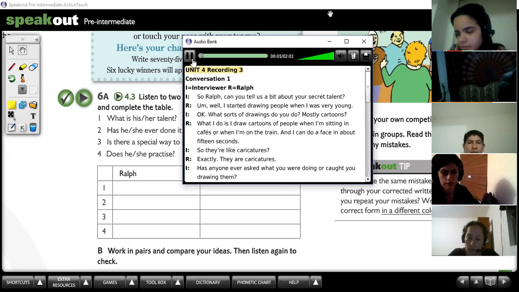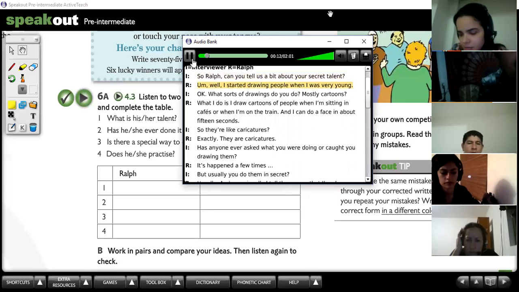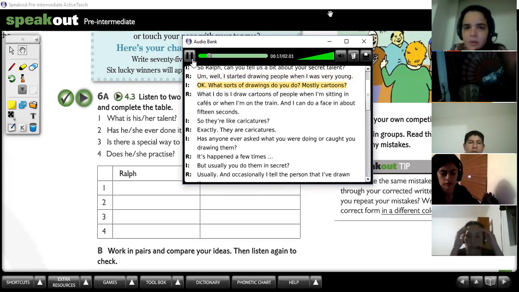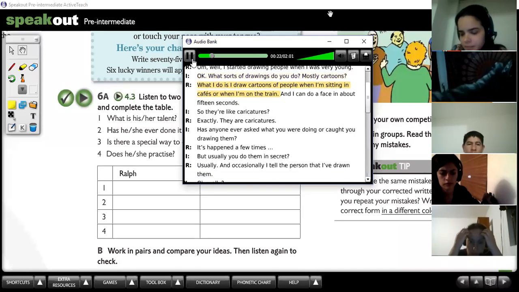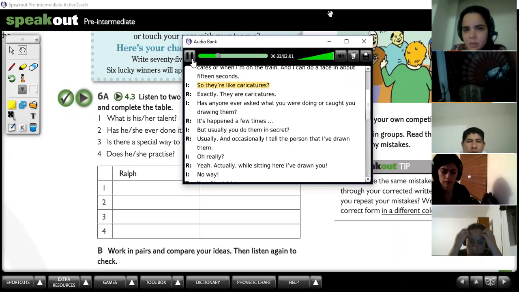Unit 4, recording 3.1. Oh, Ralph, can you tell us a bit about your secret talent? Well, I started drawing people when I was very young. What sorts of drawings do you do? Mostly cartoons. What I do is I draw cartoons of people when I'm sitting in cafes or when I'm on the train. And I can do a face in about 15 seconds. So they're like caricatures?